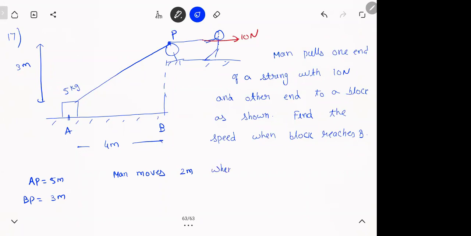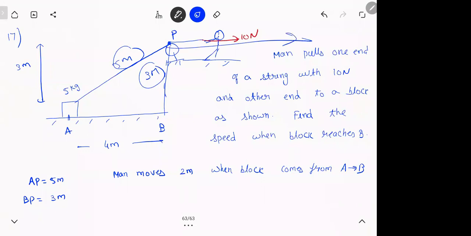When block comes from A to B. So when the block goes from A to B, the man will go only this much because this is 5 meter, this is 3 meter. What happened to the remaining 2 meter? It must have gone this way. We have done this thing in work, if you remember this question. So the difference in length of the string between the man, block and the pulley is the distance moved by the thing. So what is work done by the man? I'll do it on the next page. Put this down.